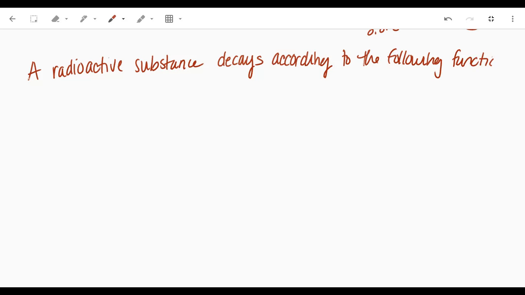Okay, so we have a certain substance. The half-life decays according to this function. And same thing, where y is the amount there is presently, y naught is the initial amount, and t, they say, is measured in days. So it says find the half-life.